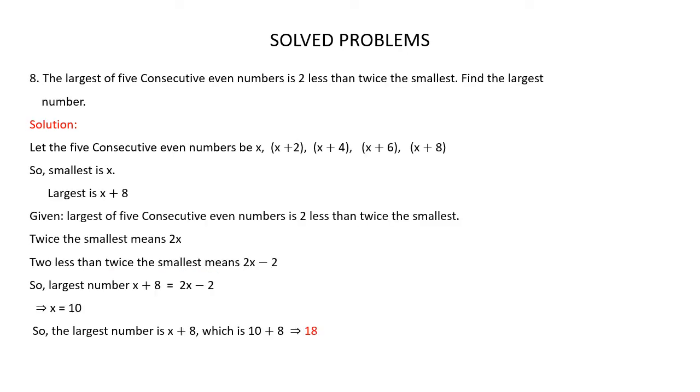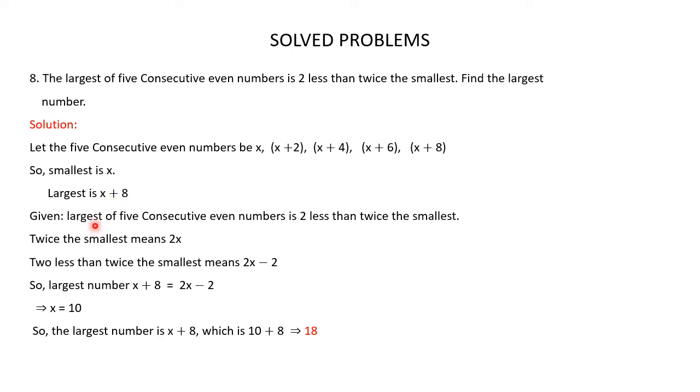Question number 8. The largest of five consecutive even numbers is 2 less than twice the smallest. Find the largest number. We know that the five consecutive even numbers are x, x plus 2, x plus 4, x plus 6 and x plus 8. Here the smallest is x and the largest is x plus 8.